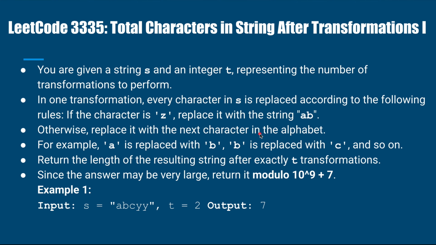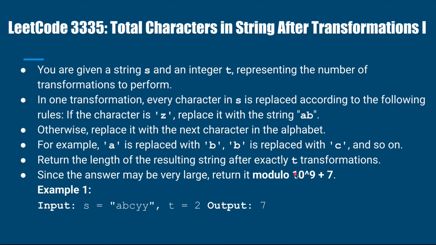Otherwise replace it with the next character: for a it will become b, for b it will become c, and so on. That we understand. After t transformations we have to take the modulo of 10 to the power 9 plus 7, so that you return the correct length of the resulting string once the t transformations are completed.